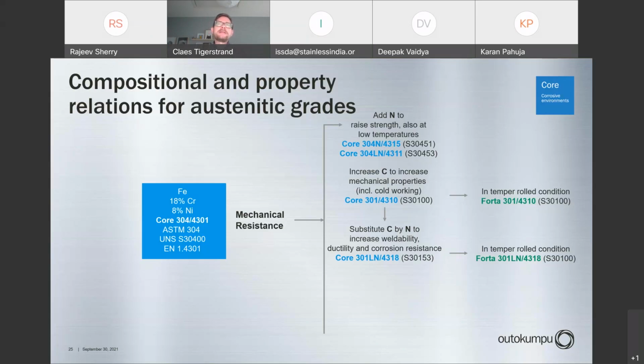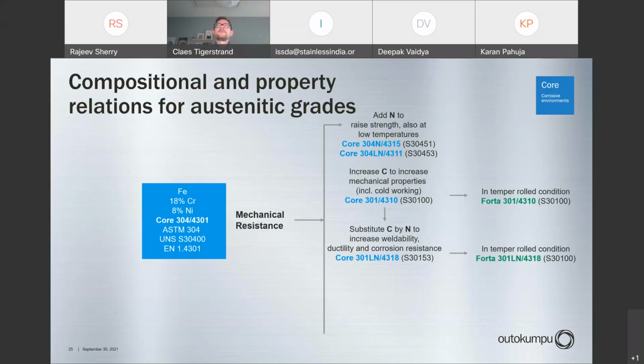And by doing that, by definition, you will actually enter our Forta range. So it's still an austenitic grade, but you temper it, so you transform the structure partly into martensite, and you get much higher strength, several times higher strength.